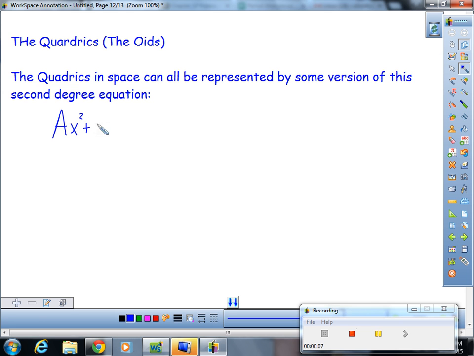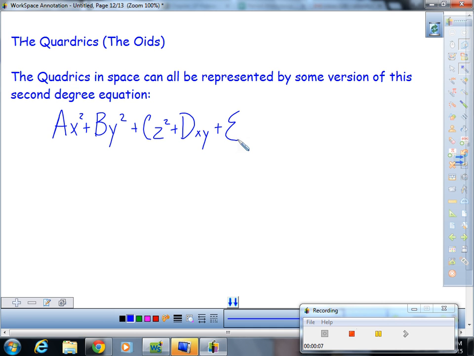It's ax squared plus by squared plus cz squared plus dxy plus exz plus fyz plus gx plus hy plus iz plus j equals 0.